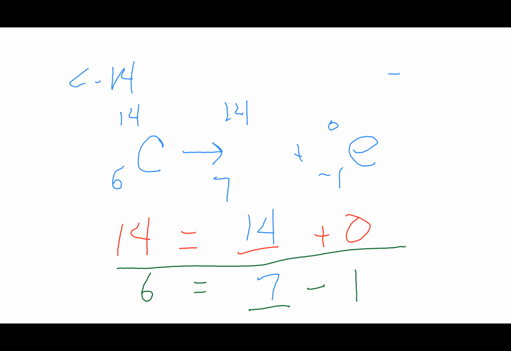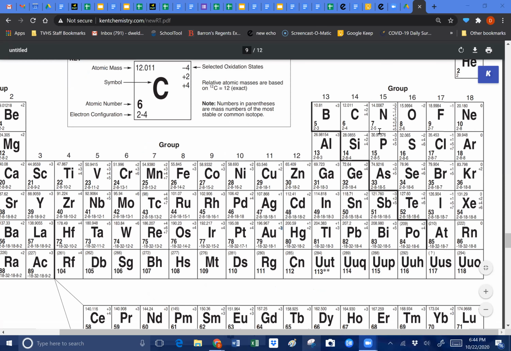Nitrogen is element 7. I'm not showing my screen properly, so never mind. Let me do this. I want to find what my element 7 is. I'm going to my periodic table and find element 7 right here, right? And element 7 is nitrogen.